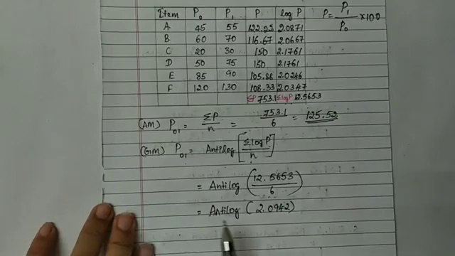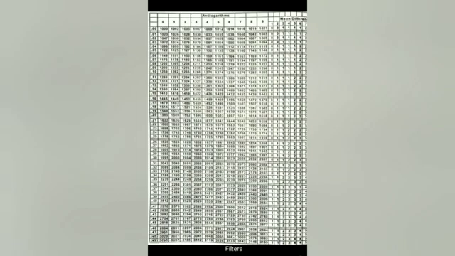Now let us see how to find the antilog of 2.0942. You all know that 2 is the number before the point, so plus 1, that is 3. Keep that in mind. For the final answer, after the third digit from the beginning, we have to put one dot.